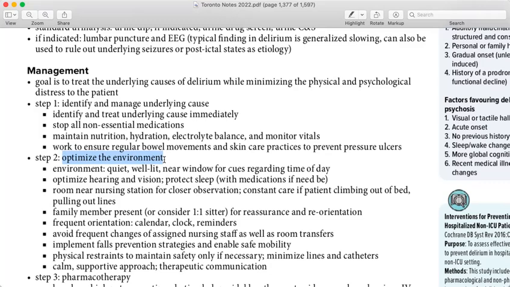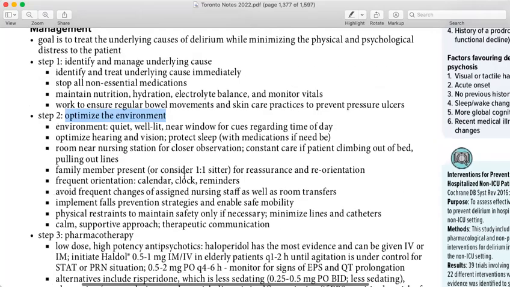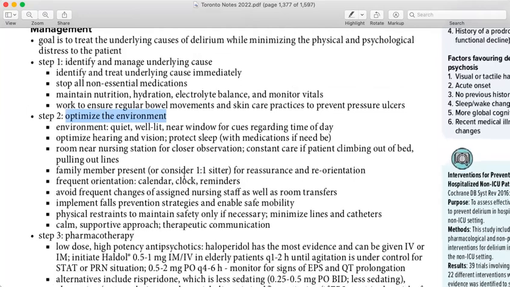So what is the thing? Environment: keep it quiet and well lit, near a window for cues regarding the time of day. Then optimize hearing and vision, and place the room near the nursing station for closer observation, as constant care is needed. Have a family member present for reassurance and reorientation, and provide a calendar, clock, and reminders for orientation again and again.